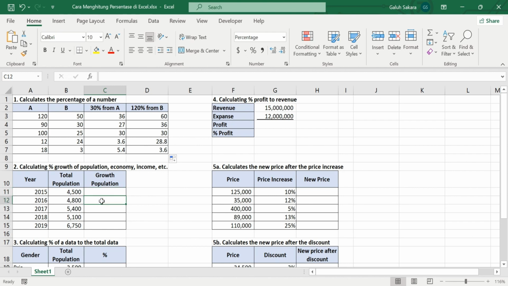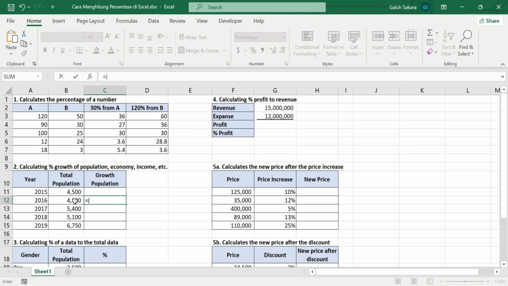So that's the comparison of data or percentages from the previous year with the next year. Okay, we will calculate the group population here. We need to know the group population in 2016, and then we will know the group population change from 2015 to 2016.